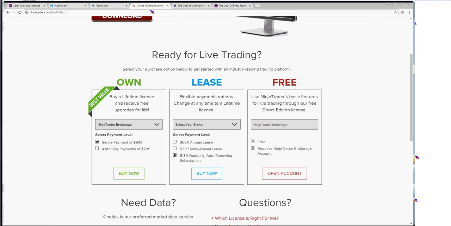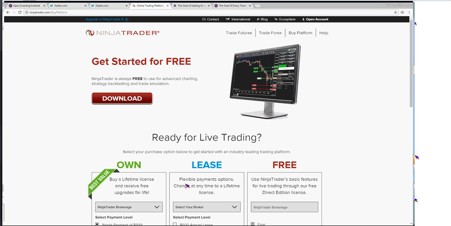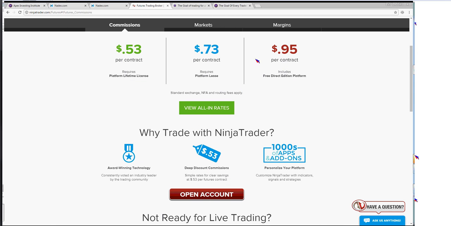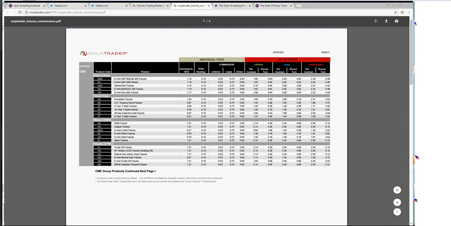And they show that on here somewhere. Yeah, you're using the free edition. Now, this doesn't include the exchange fees. Here's the all-in rates. On the S&P, they are really cheap.